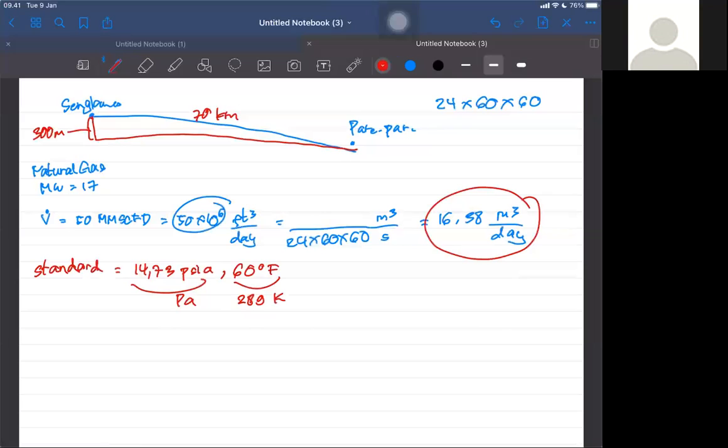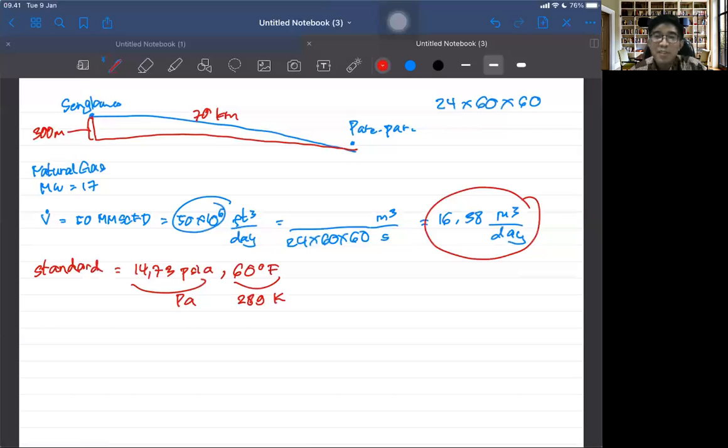I got 503,317, sir. Just use scientific notation: number, comma, number times 10 to the power of something.